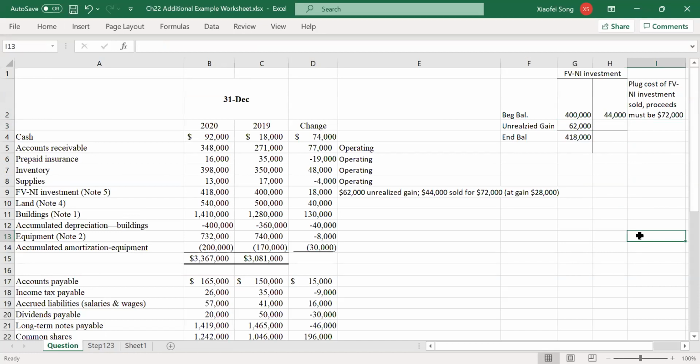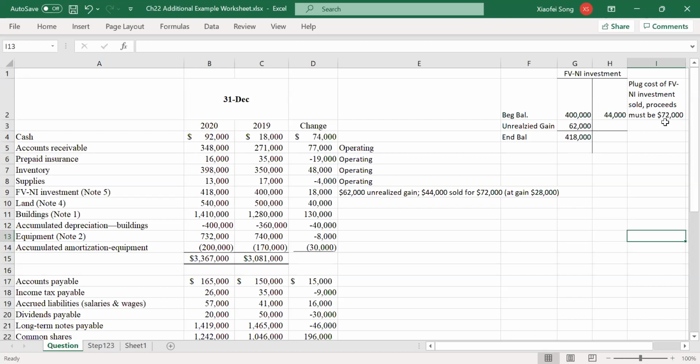So when we prepare steps 2 and 3, we lay out the income statement number and then make all the adjustments to the cash number. So we will have to subtract this gain of 62 because that's a non-cash gain.